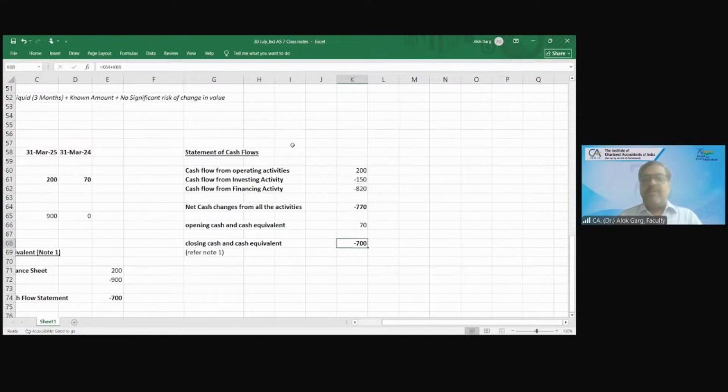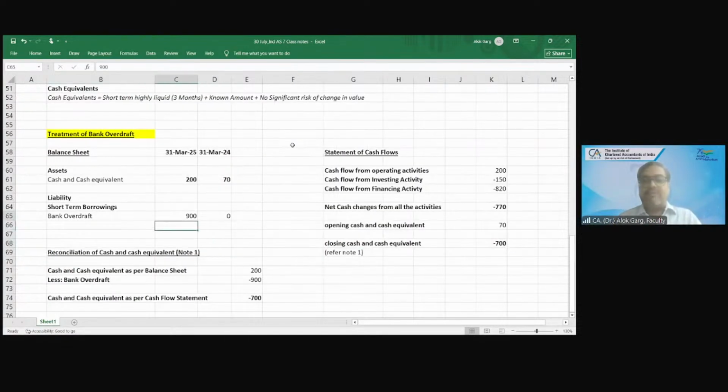See, your net cash change during the year is negative 770. Your opening cash and cash equivalent is 70. Your closing cash and cash equivalent is negative 700. But in your balance sheet, it is positive 200. So why is this negative in your cash flow statement? Because of the bank overdraft. In your cash flow statement, cash and cash equivalent can be negative, but in your balance sheet, it can never be negative.